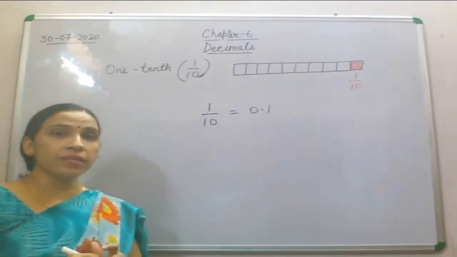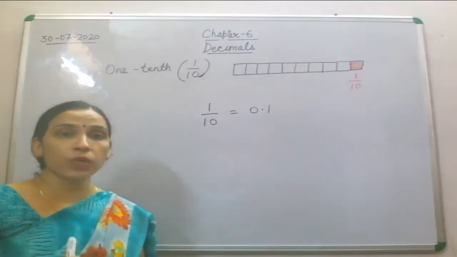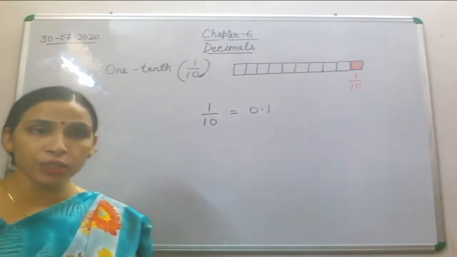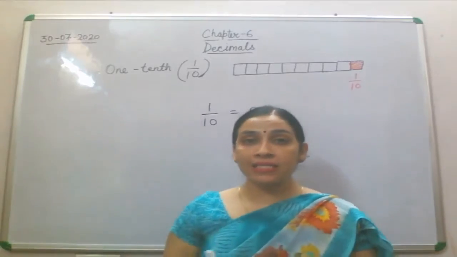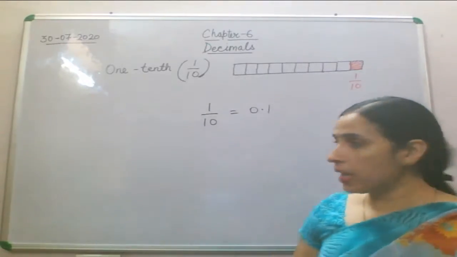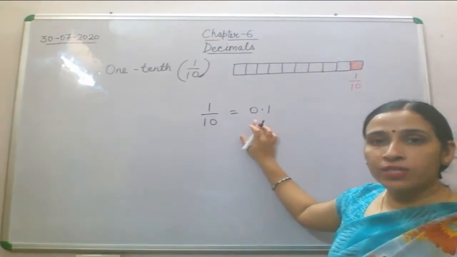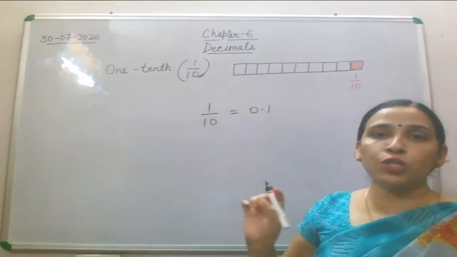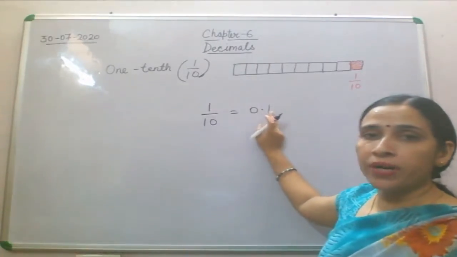Why have we written 0.1? Because the definition of decimal is that it is a point between two numbers. So for justifying the definition of decimal, I write 0.1.